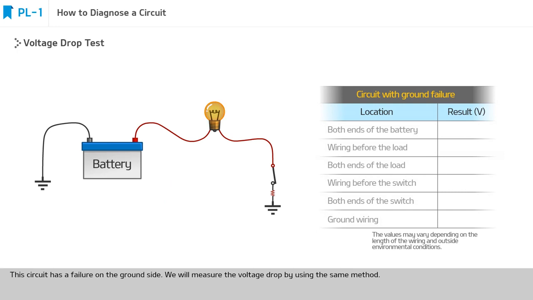This circuit has a failure on the ground side. We will measure the voltage drop by using the same method.